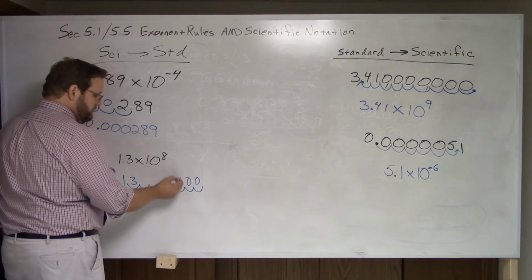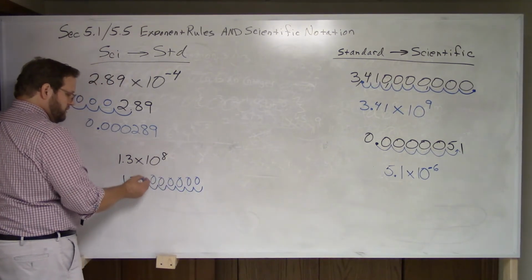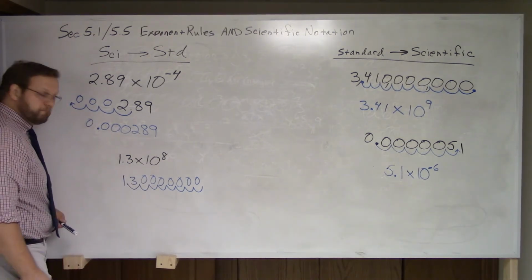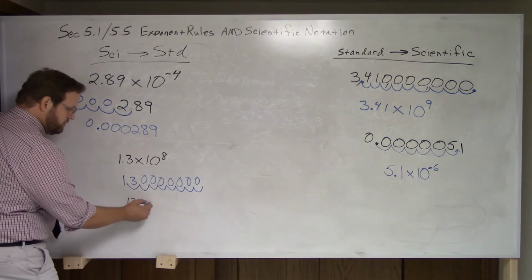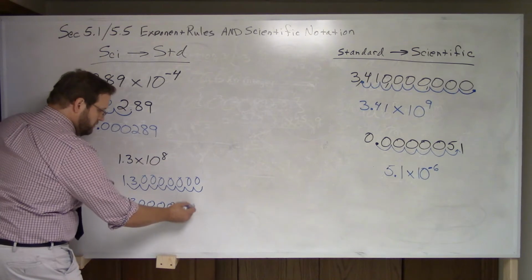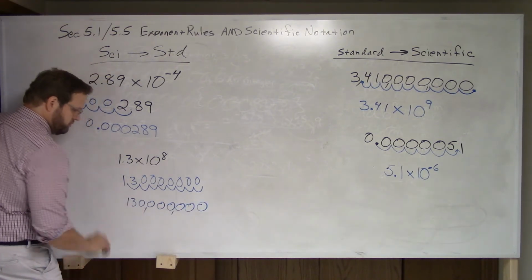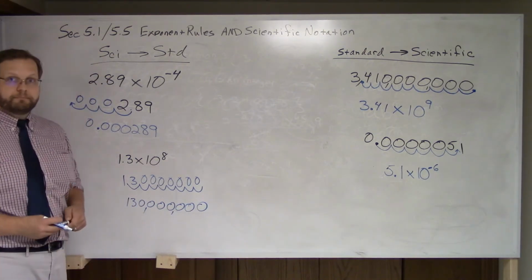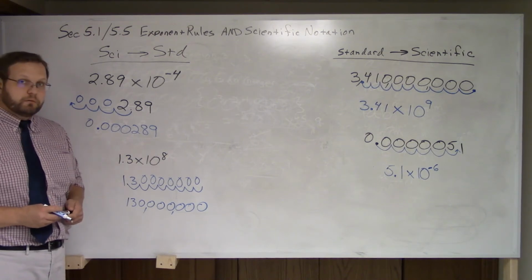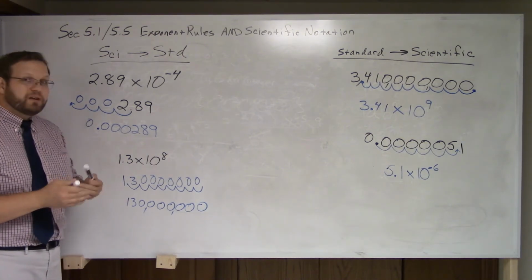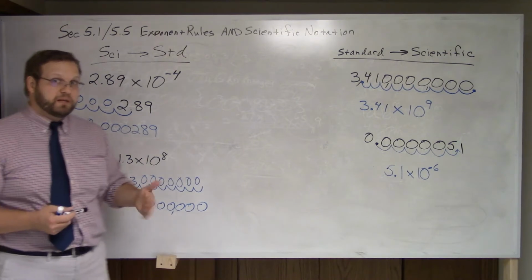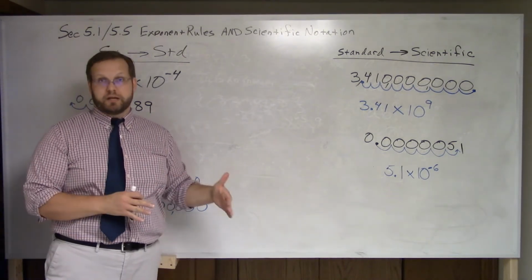And I fill in a bunch of zeros. Okay, so I have 130 million, and that's it. Okay, so again, it's a very easy thing to do. The number tells you how many spaces to move. You just got to pay attention to which direction.